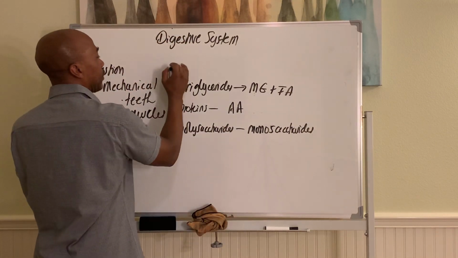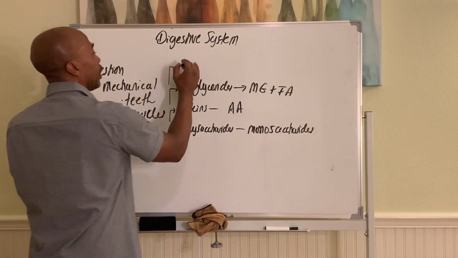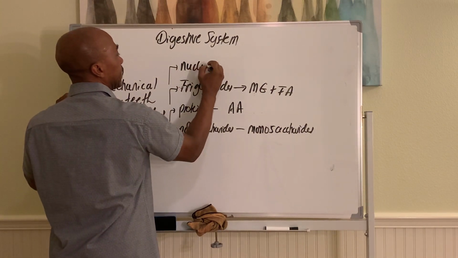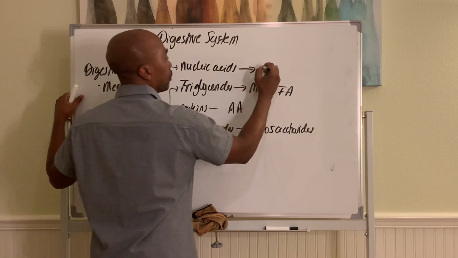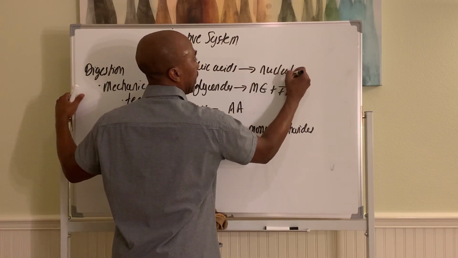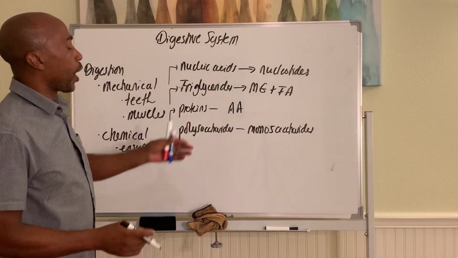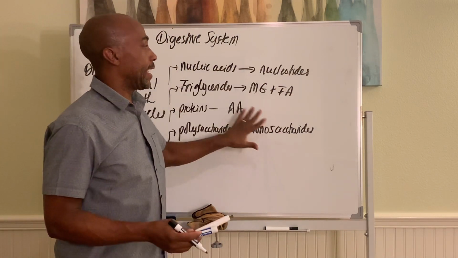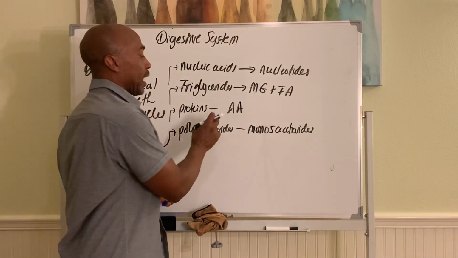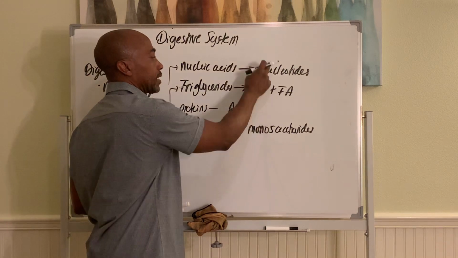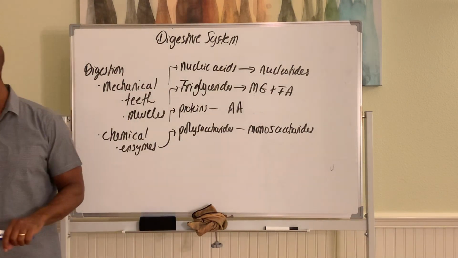And then finally, you have the fourth group of major molecules, which are your nucleic acids, which get broken down into your nucleotides. And only when these big things are broken down into these small things can they be absorbed. These cannot be absorbed, too big. They have to be broken down into these individual components. Then these are absorbed into your blood across the small intestine.